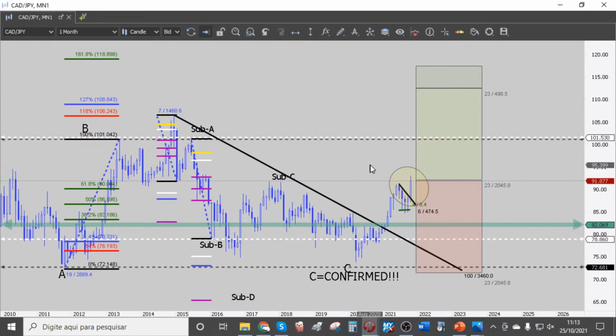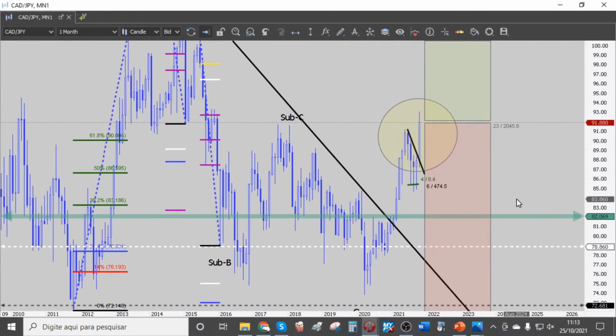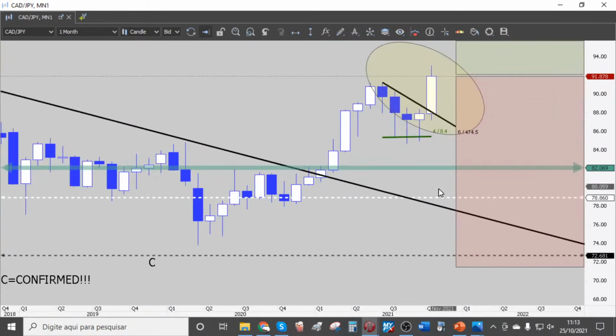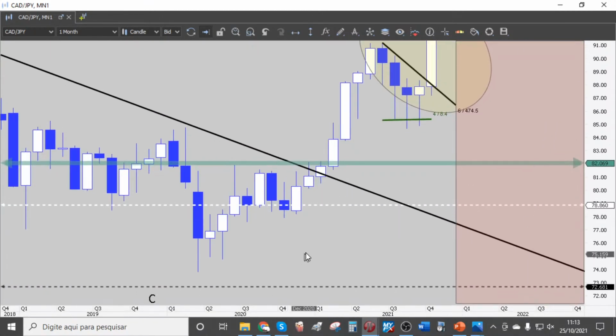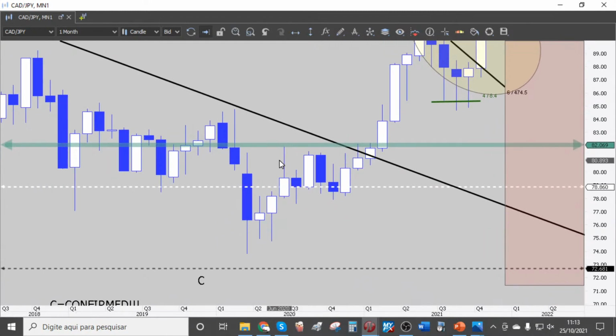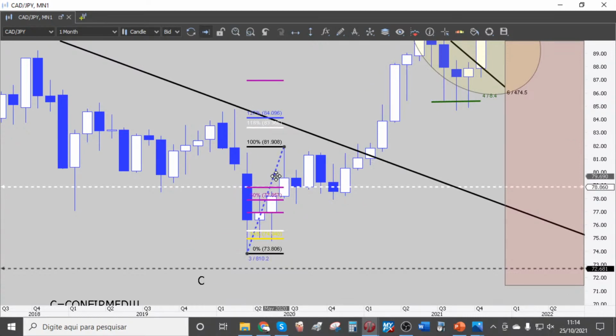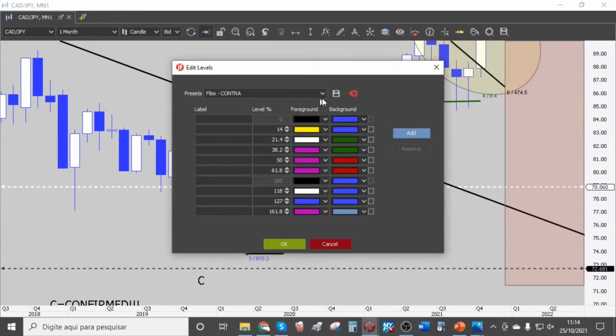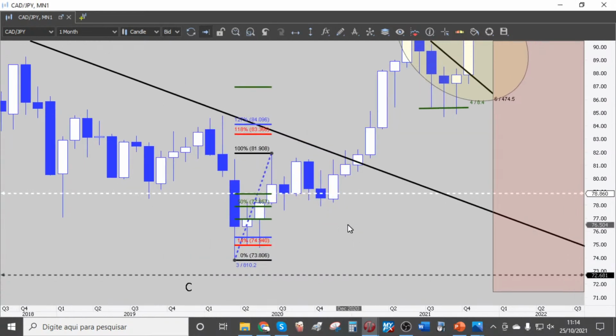Now, how to find it? Well, we are using the same rules we learned before: the Fibonacci of the confirmation has the same colors and it's going in the same direction. So we are going to color code with the same colors.